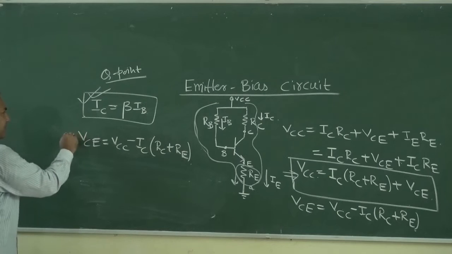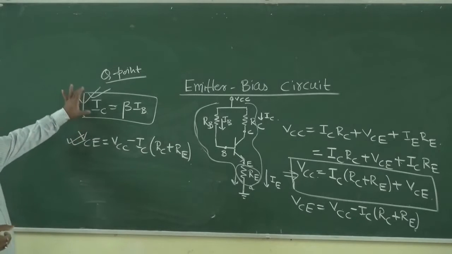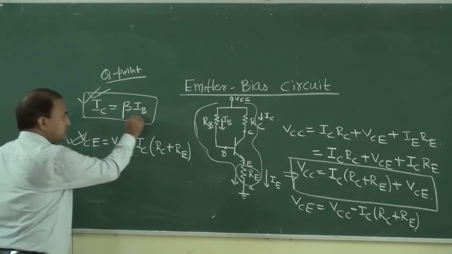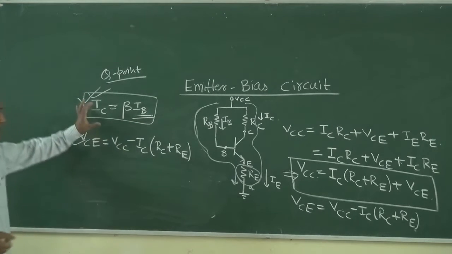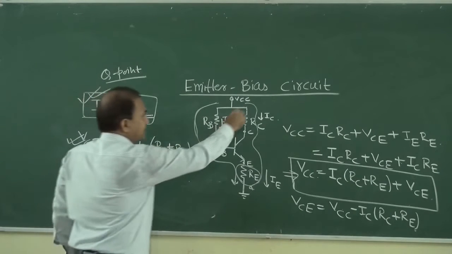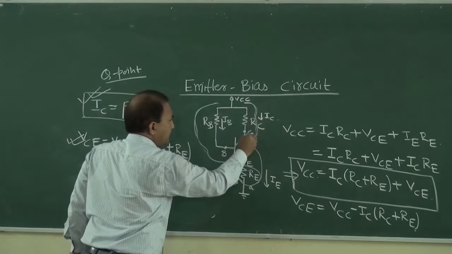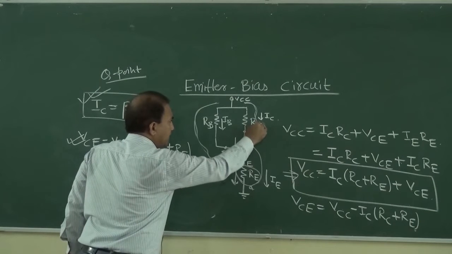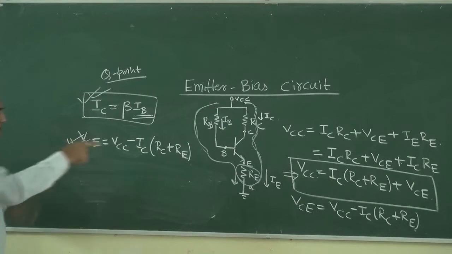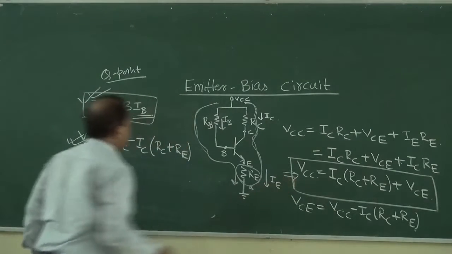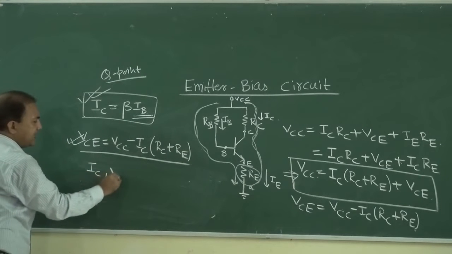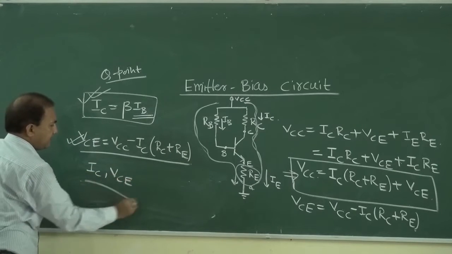So in this way we can determine both the operating point IC and VCE. So once we determine IB, then we can determine IC, and from the output loop, that is collector emitter loop, we can determine VCE from this equation. So in this way we can determine IC and VCE.